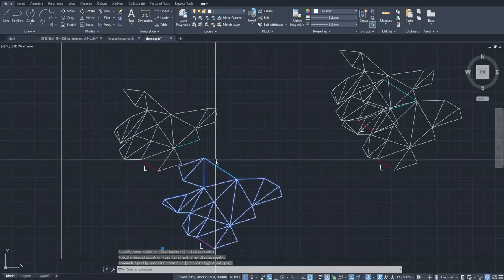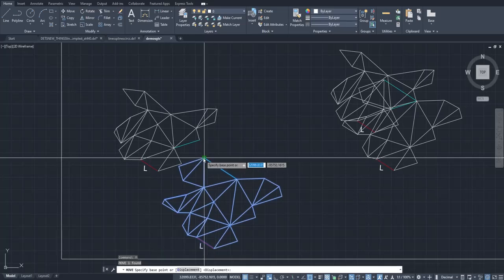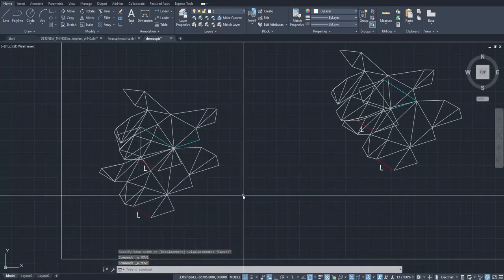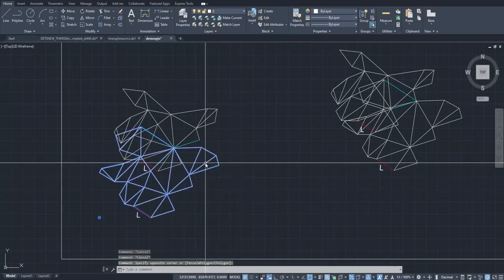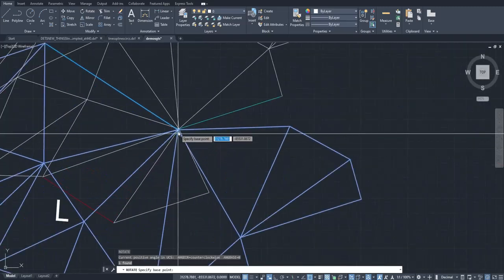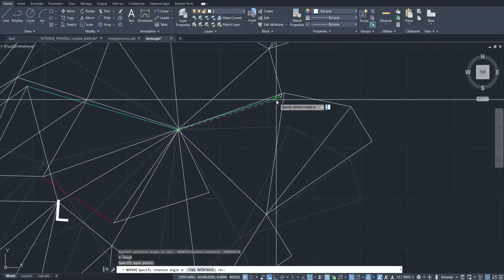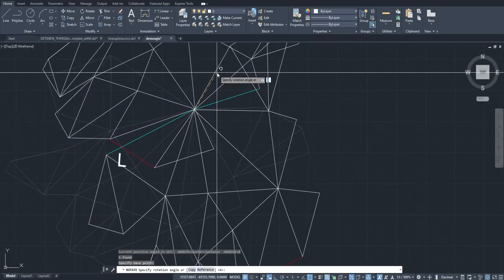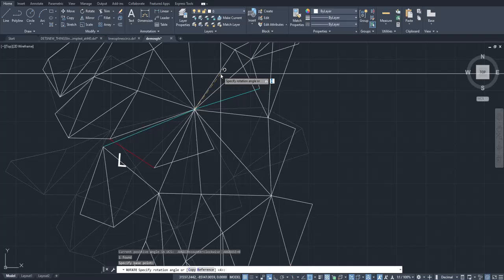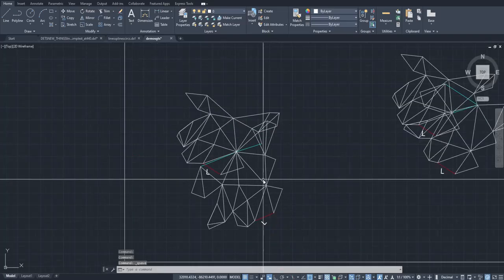How? This one was not collinear, so we will enforce the collinearization here, and we will do the collinearization of the output line segments, and this is the collinearization done.